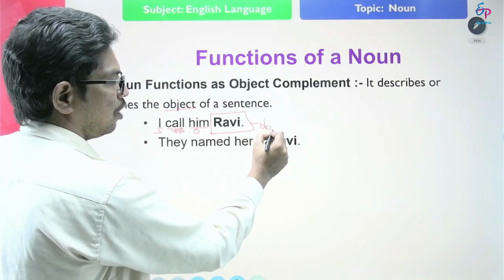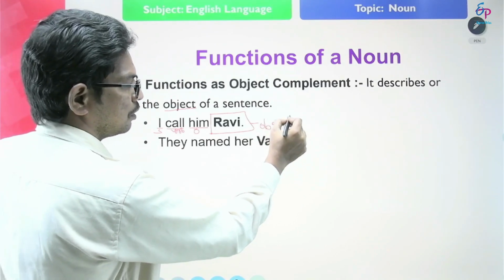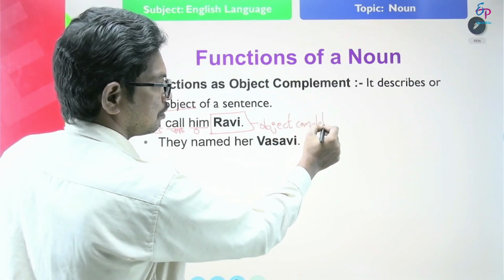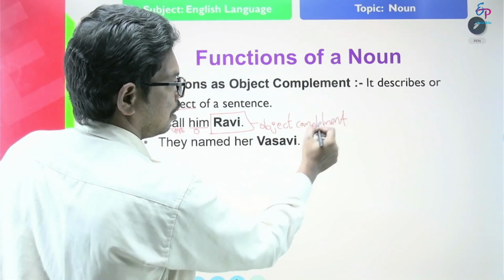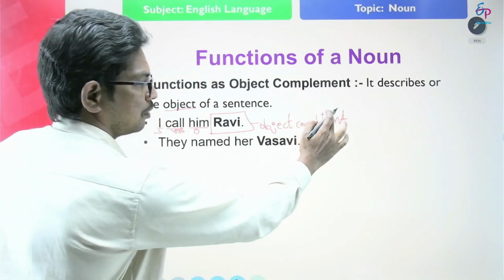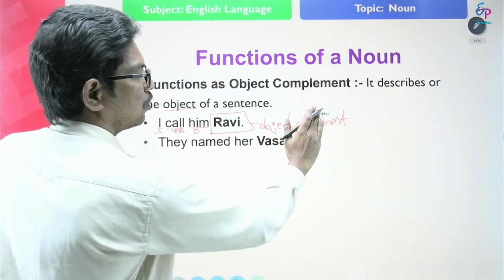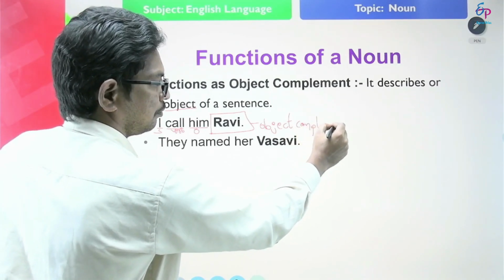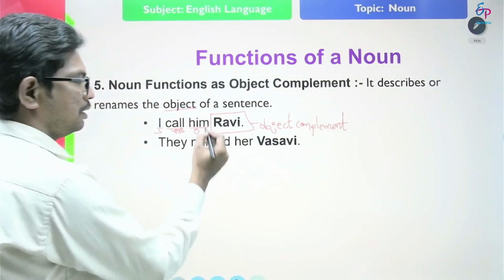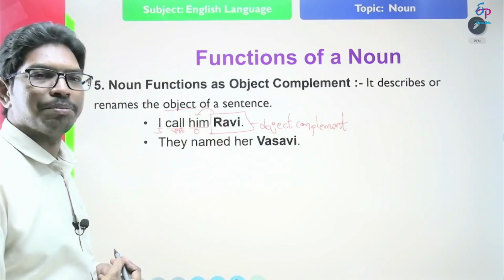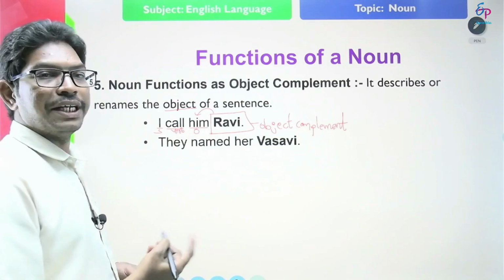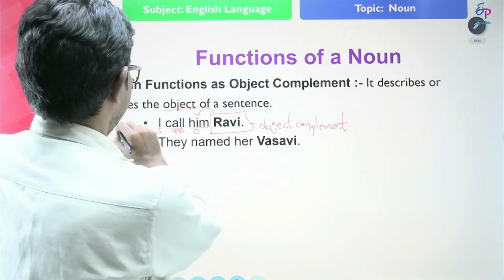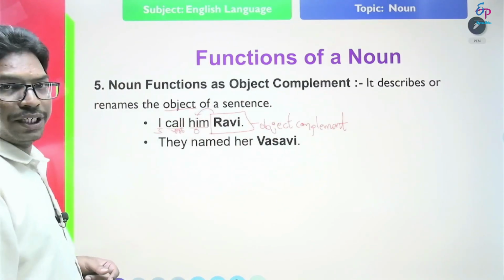This is called the object complement, because it is modifying "him". I call him Ravi; it is renaming that one. So, what is an object complement? It describes or renames the object of a sentence.